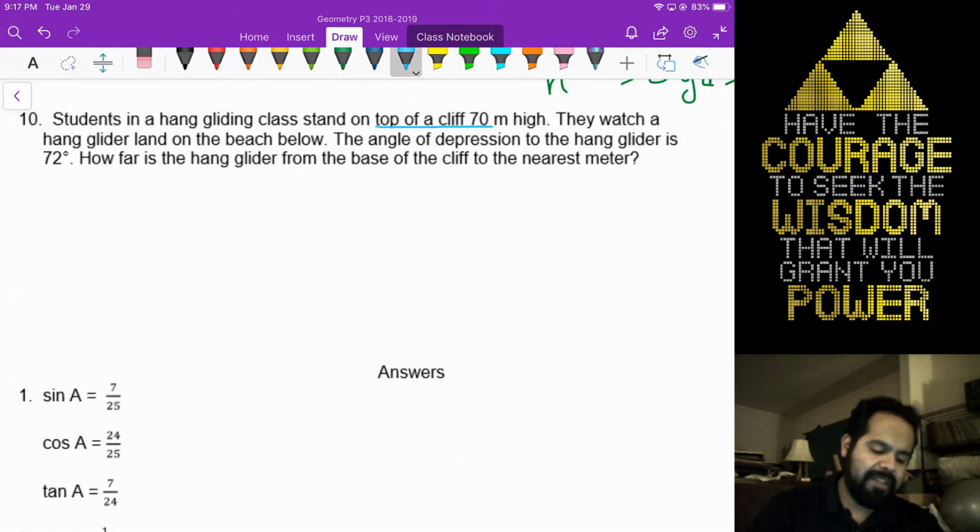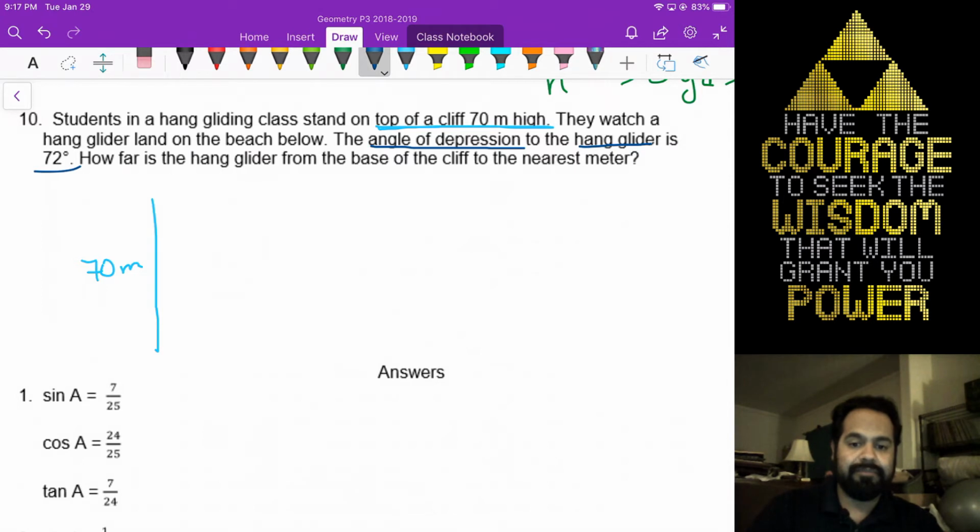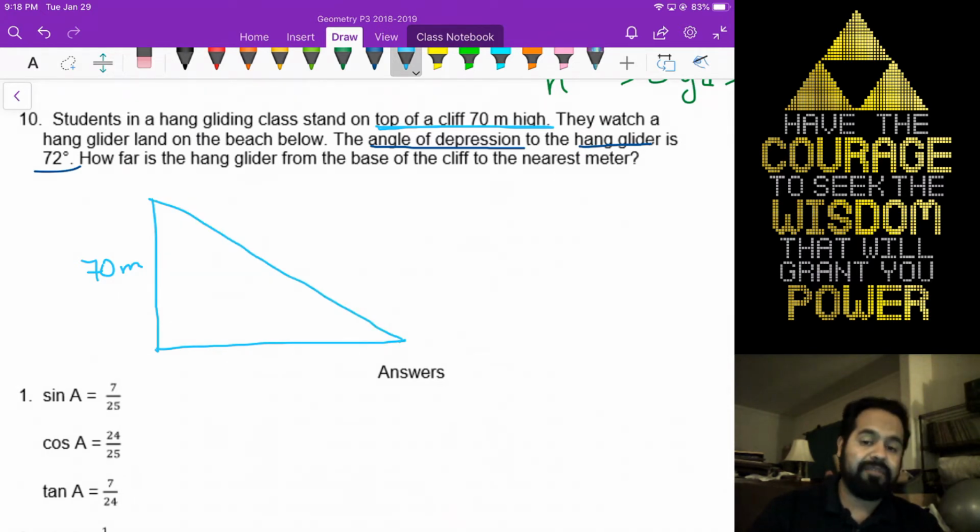So we're on top of a cliff, 70 meters high. The angle of depression to the hang glider is 72 degrees. Now, we got to be careful here because I know that based on the notes when we did this activity, some of you guys were putting the angle of depression in the wrong spot.